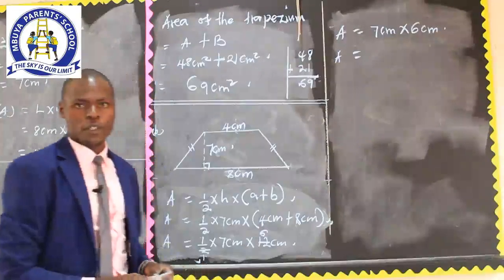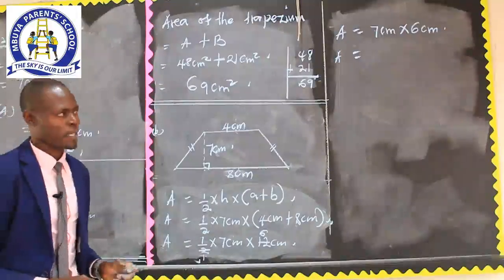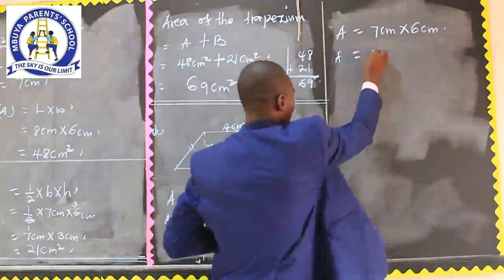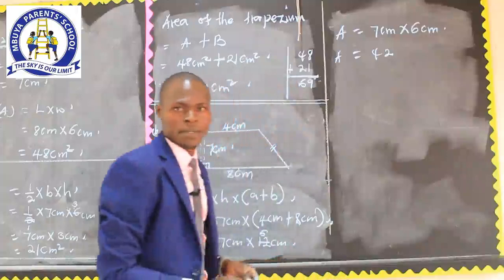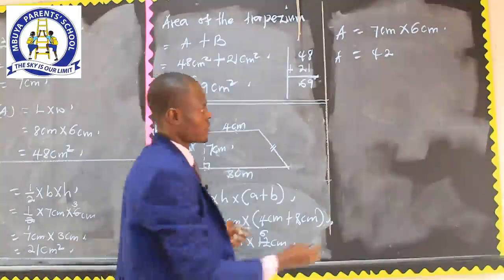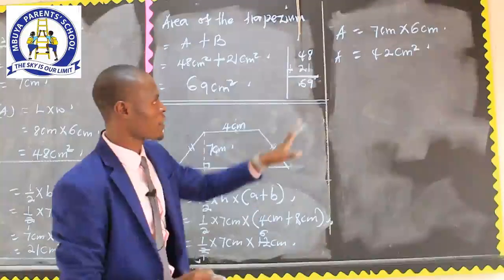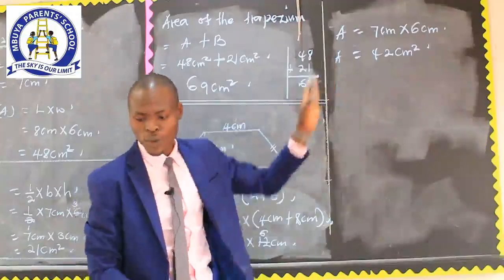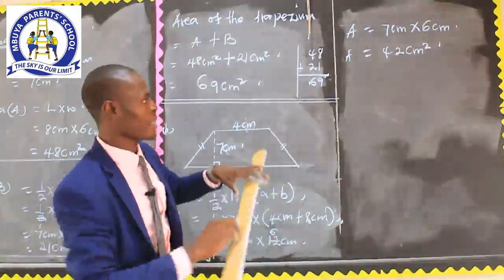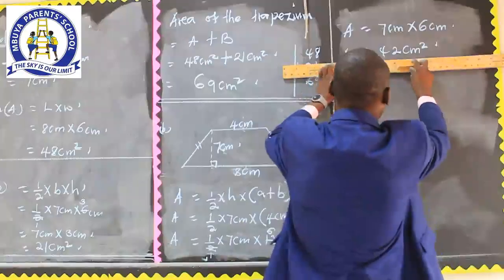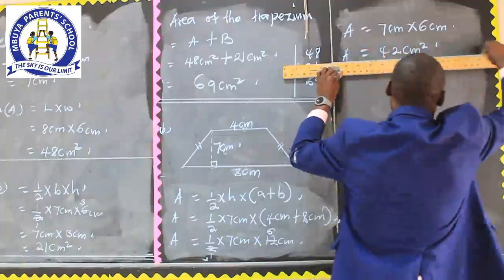Class, 7 times 6. You are the best. 42. I like it. Centimeter times centimeter, good, centimeter squared. So our final answer will be 42 square centimeters. I like it when you don't forget to underline your answer.